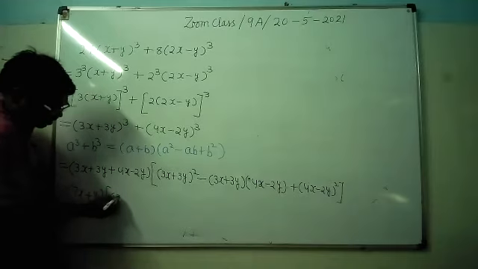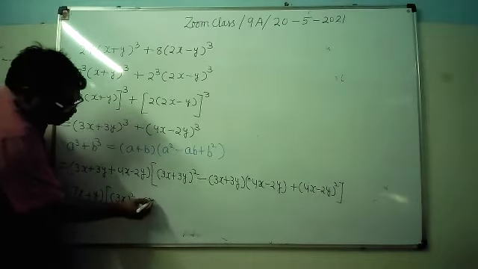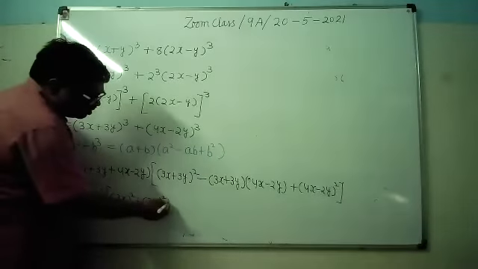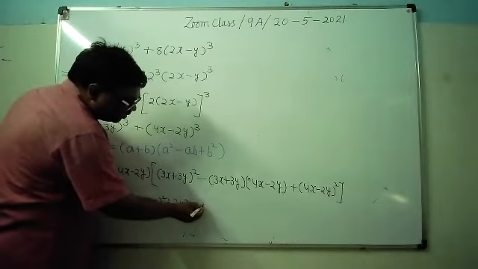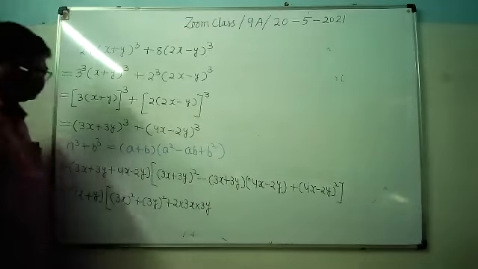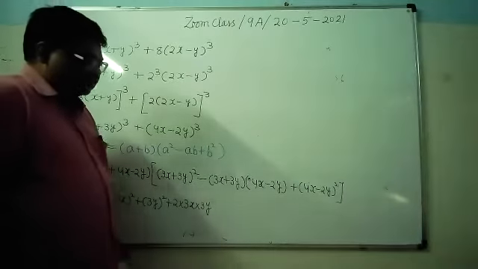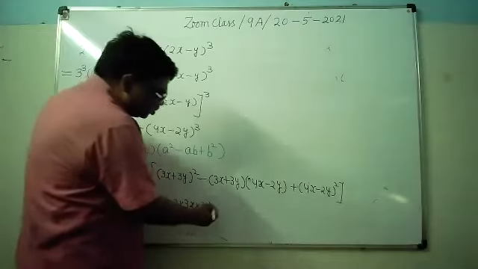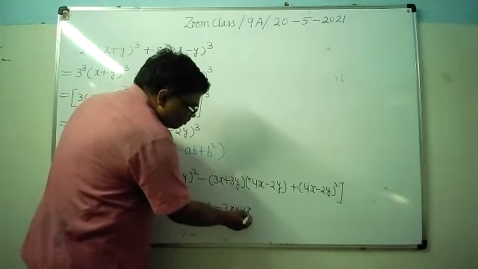So see here, a square plus b square plus 2 into a into b. It's clear? Then you can see here, when you will open this, it will be minus 3x into 4x.